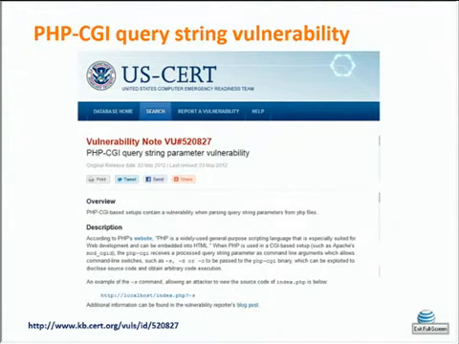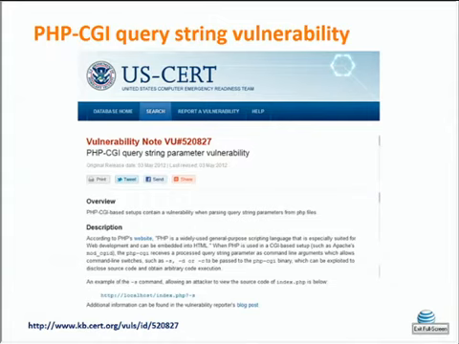This one was reported to the PHP developers just in the last couple of days, and it was going to be kept quiet. It was inadvertently released by the discoverers. So now the U.S. CERT is alerting, and the developers are scrambling.